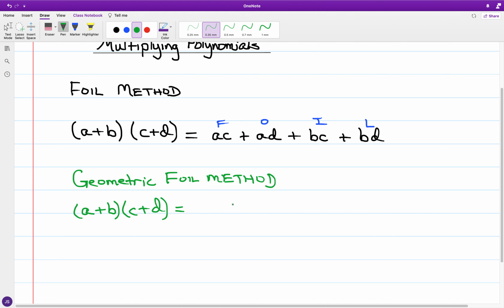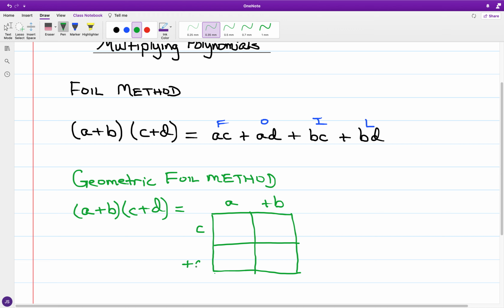If you set up a bit of a matrix, it really doesn't matter which pairing you have as the row headings or the column headings. Say for a plus b, we'll let these terms be the column headings, and c plus d be the row headings. But you could have it the other way around.